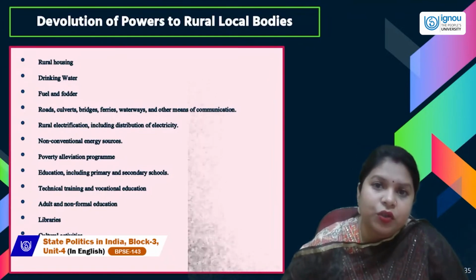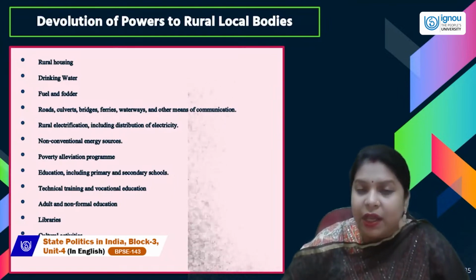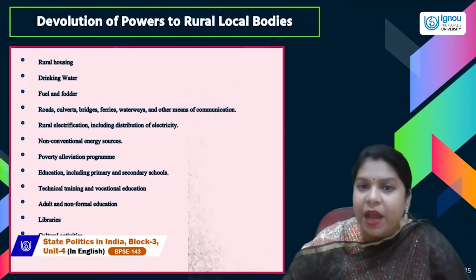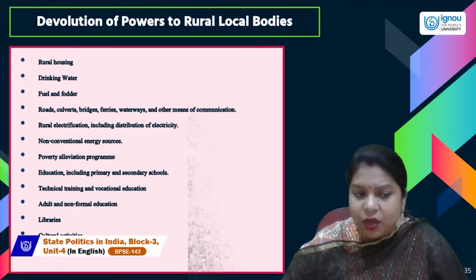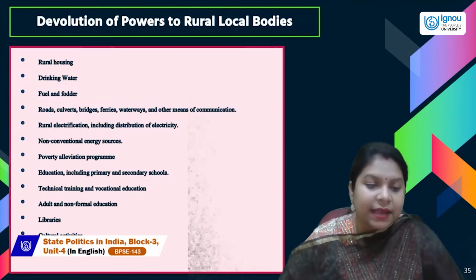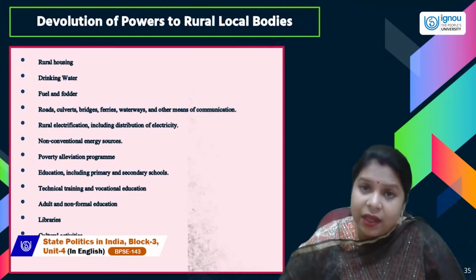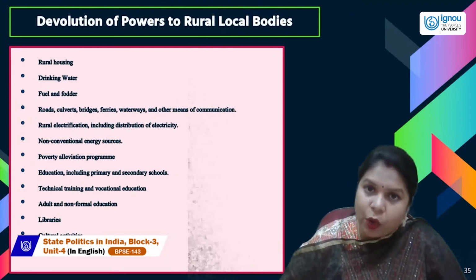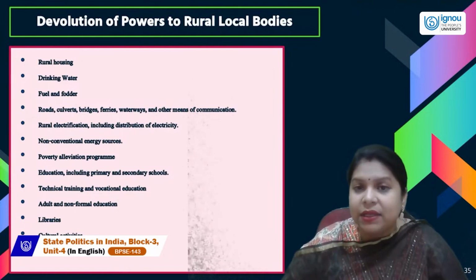So this is also a very important subject in this list, along with education, including primary and secondary schools, technical training and vocational education. Apart from that, there is adult and non-formal education as well. There are libraries, which is also a very important subject in this list, along with cultural activities, markets and fairs.